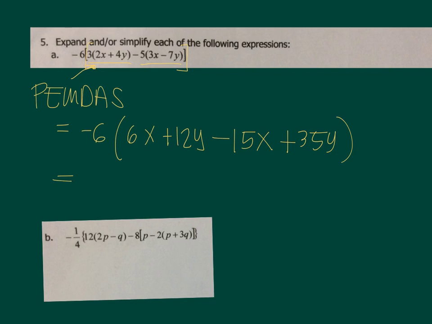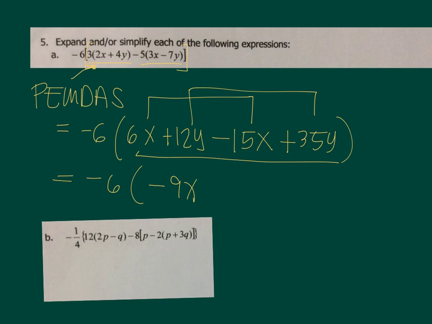Now before you distribute negative 6, you might want to simplify this group because this is 6x minus 15x, so this will be negative 9x, and 12y plus 35y is equal to 47y. And then finally, use the distributive law.